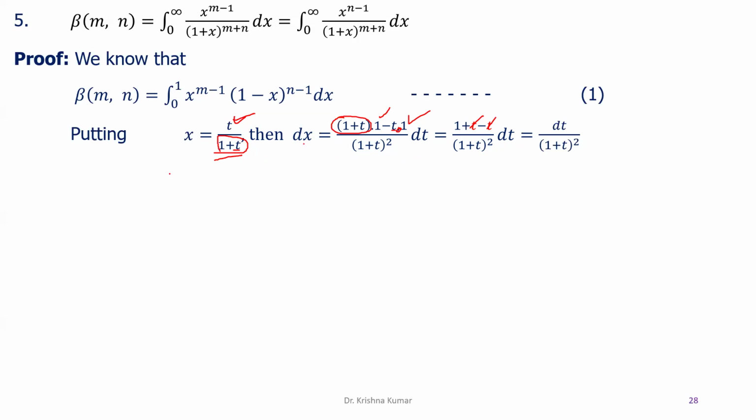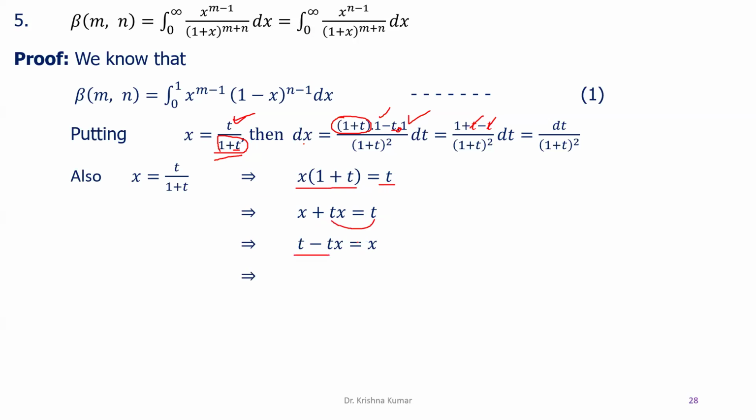Okay, what will happen if we change the limit? If x is equal to t upon 1 plus t, then x times (1 plus t) is equal to t, which can be written as x plus tx is equal to t, or t minus tx is equal to x. If we take t outside, then t times (1 minus x) is equal to x, and t is equal to x upon 1 minus x.